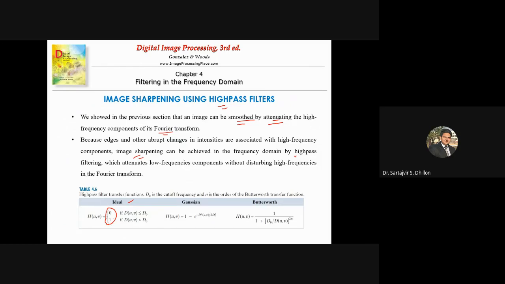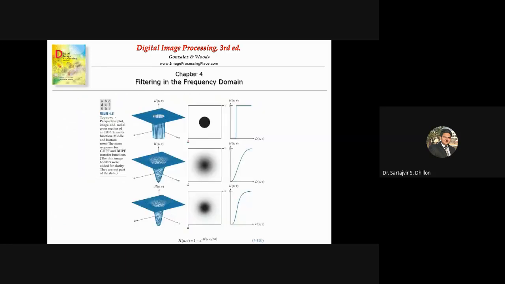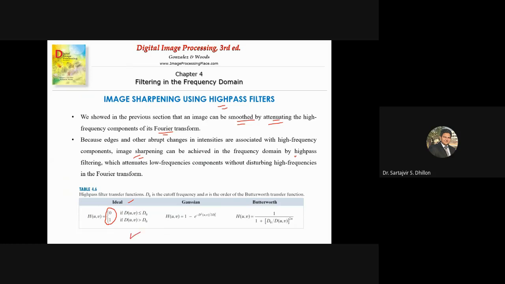Here we have just reversed these two values, and we can check the comparison between all three. The first one represents the ideal high pass filter, this one is a Gaussian high pass filter, and the last one is a Butterworth high pass filter. We have used these three operations to obtain that particular result.